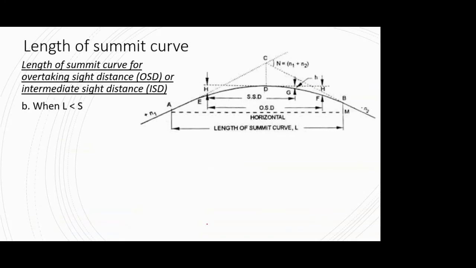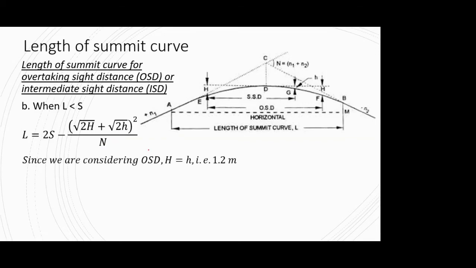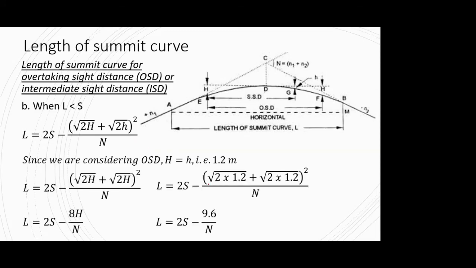And similarly for the second case, where the length of your summit curve is less than either the OSD or ISD, then again you see the same formula appears which we had used for the case where the length of summit curve is less than stopping side distance. Now again, instead of small h, we are going to consider capital H, and that will give us the following equations.